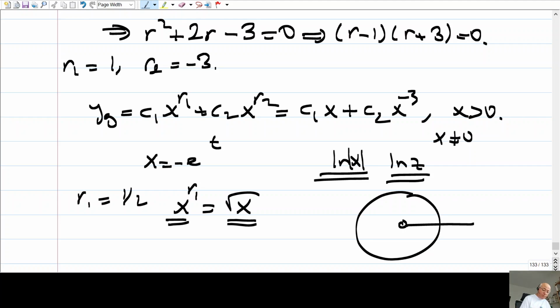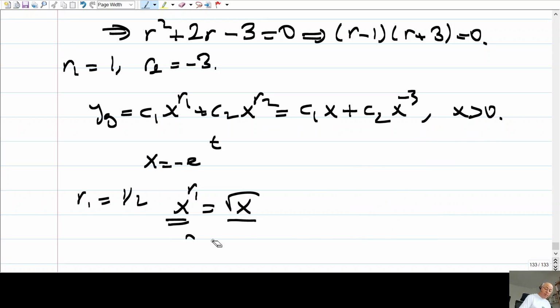But then you have to be careful. What do we mean by, for example, square root of minus 1? What do we mean by square root of i, and so on? Since we don't want to go into this kind of detail, we just let x be positive.